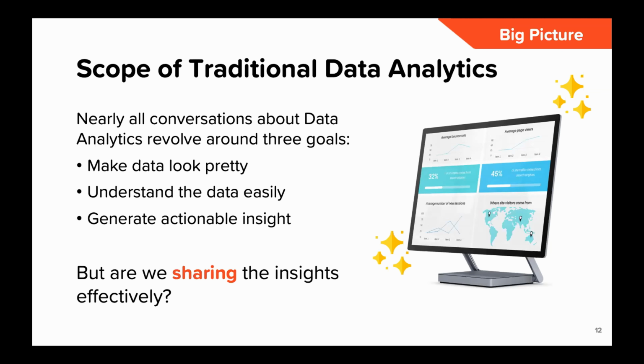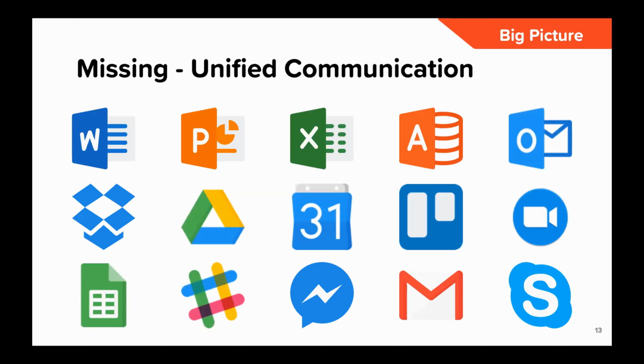One of the key pieces that's missing in traditional data analytics, and for that matter the experience of teamwork in general, is this sense of unified communication. You've got your insights on maybe four or seven different platforms or web applications. You store that data in Excel or in Access on various different channels.